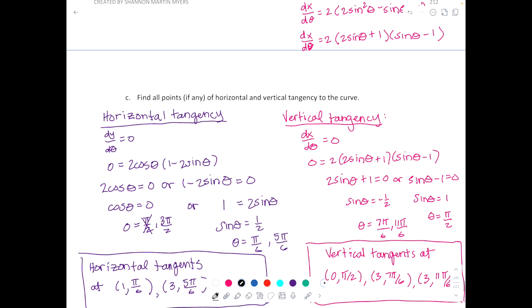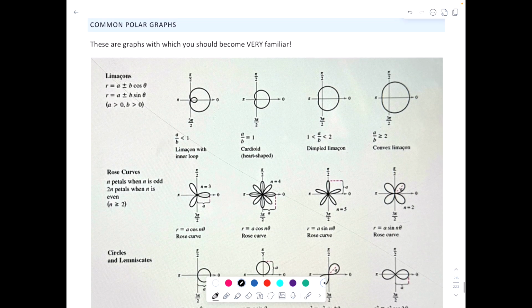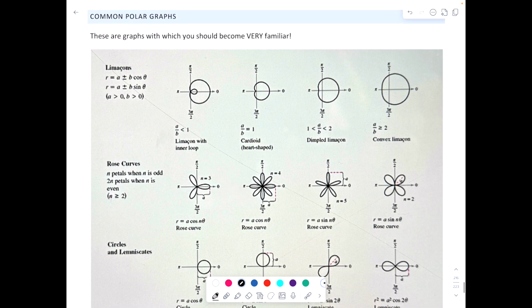Cool, cool? All right, so here are the common polar graphs that you might want to know. We talked already about the limaçons. The rose curves you get when there's not a constant adding or subtracting the trig function. It's just going to be the trig function with a multiple angle.